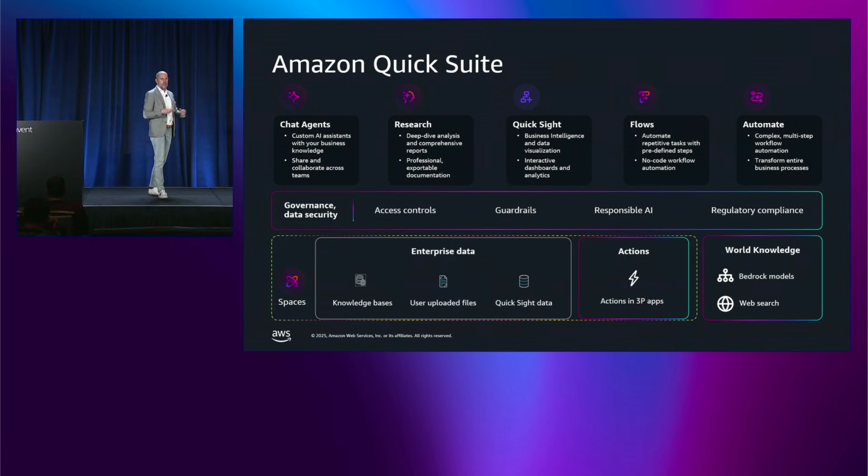And we can also use the QuickSight data, structured data. And we're adding this concept of spaces. Think about spaces like a storage, where you can not only store data, in this case accept deliveries, let's say, but through the actions, you can also interact with third-party apps, so you can also send deliveries.